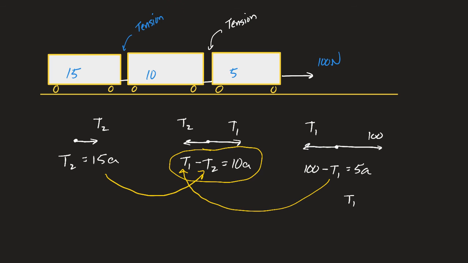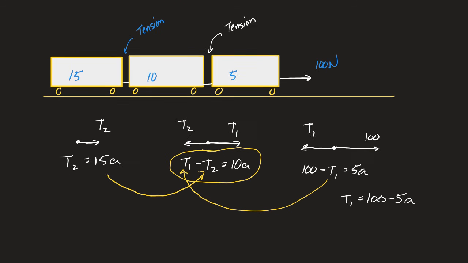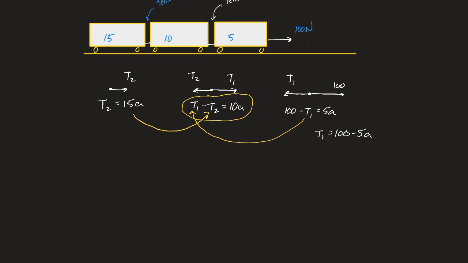So you still have to solve this for T1. It's 100 minus 5a. And then you have to substitute in to create your relationship. So I'll have 100 minus 5a for T1, minus 15a for T2, equals 10a.